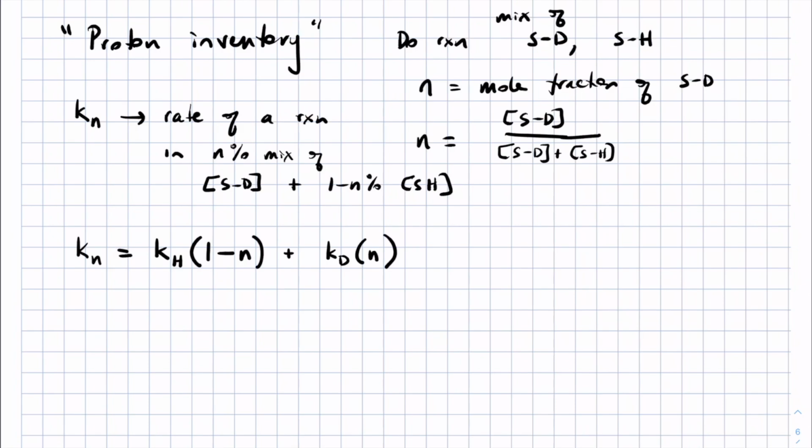All right, so this expression is a weighted average. It just says that the observed rate constant should be the weighted average of the deuterium rate constant and the proteated rate constant, weighted according to how much deuterium is there versus protons. When n equals 1, Kn equals Kd. When n equals 0, Kn equals Kh, right?